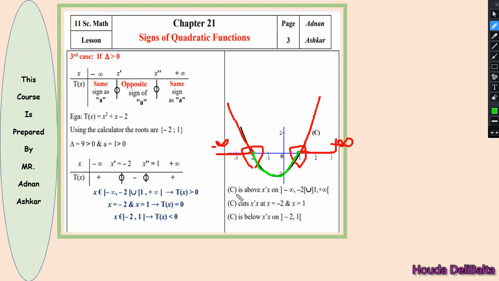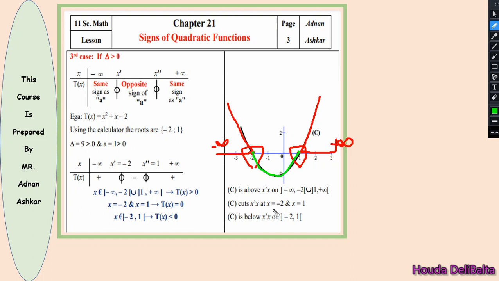C is above x prime x when x belongs to minus infinity, minus 2, open, or 1, plus infinity, so we represent it by a union. So again, C is above x prime x on this red part here and here, so from minus infinity to minus 2, union from 1 to plus infinity.